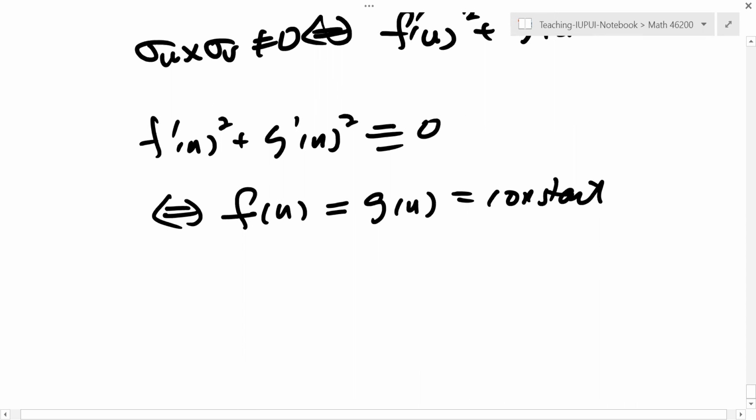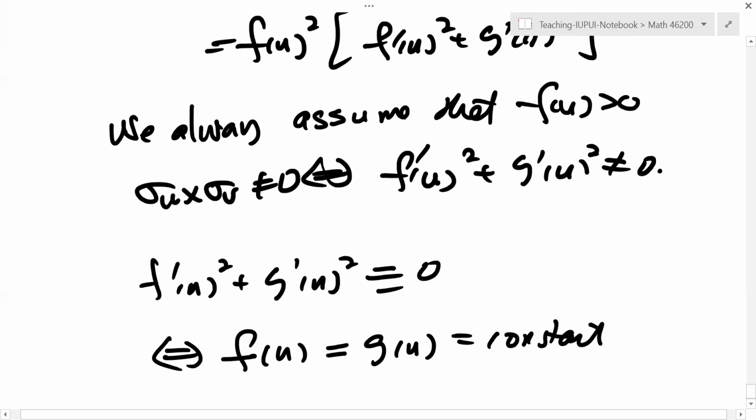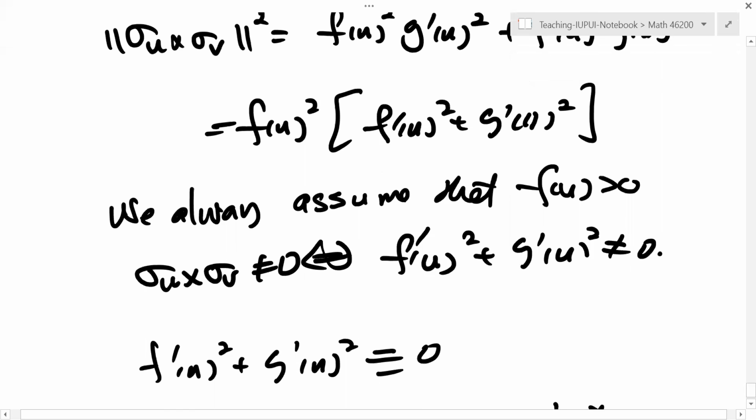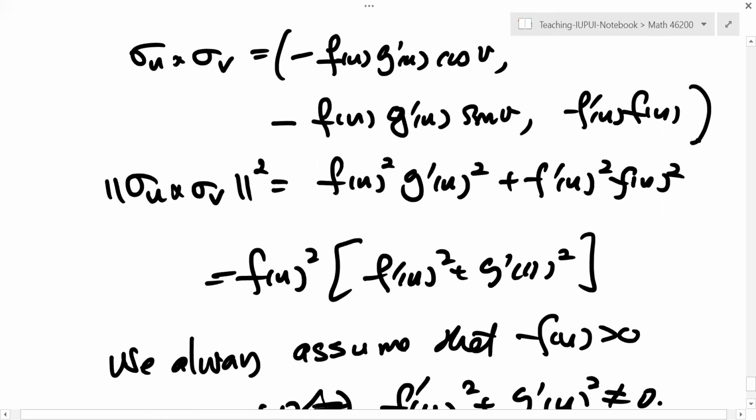So this is the general case. Why is the cross product not going to be zero?